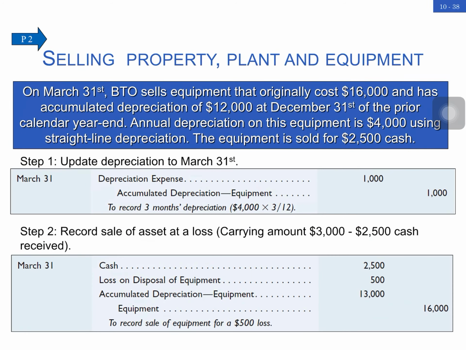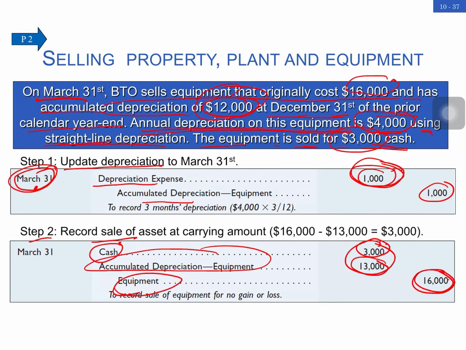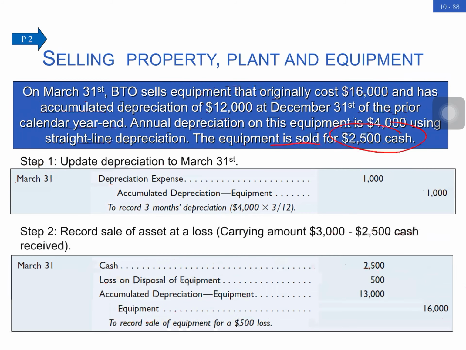Okay, using the same illustration, what if you sell the equipment for 2,500? Here you sold it for 3,000 cash, so there was no gain or loss. What if you sell the equipment for 2,500? So you will record cash 2,500.